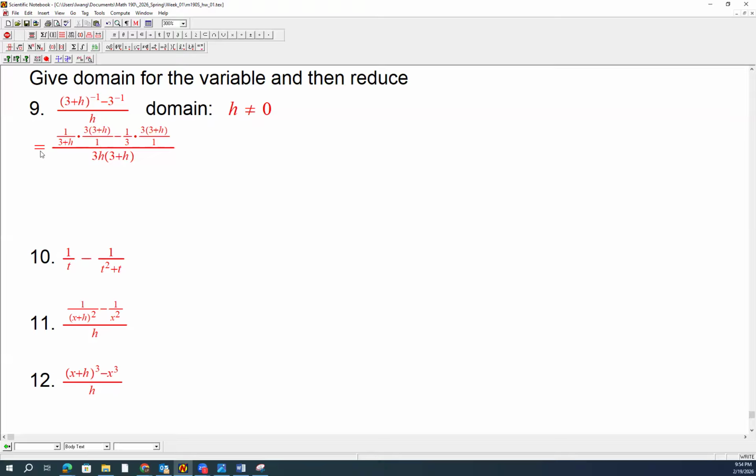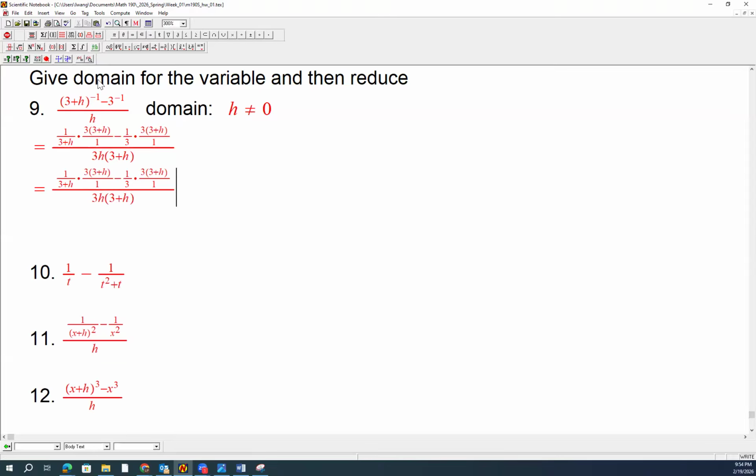Okay? And then we're going to reduce. 3 plus h, take away the 3 plus h. So that will be reduced into just 3. Just 3 here. The 3 reduced with 1/3.